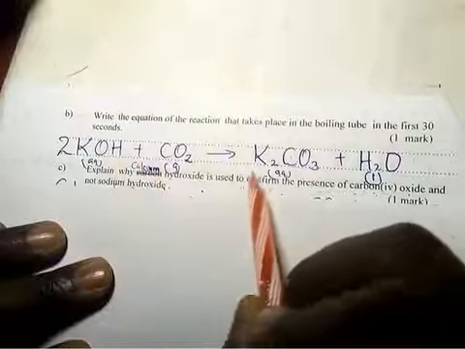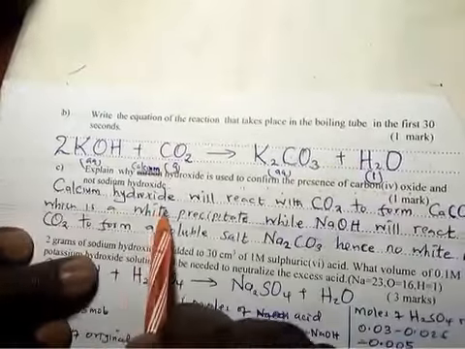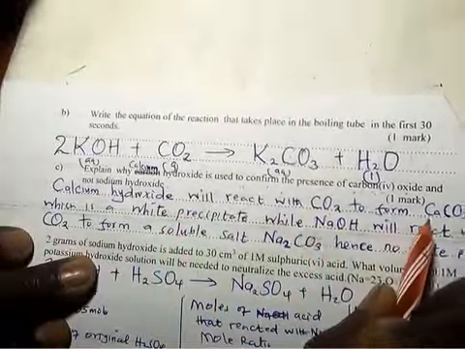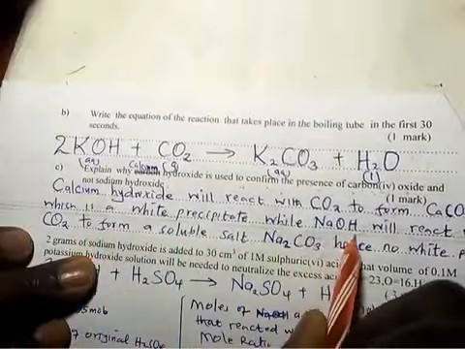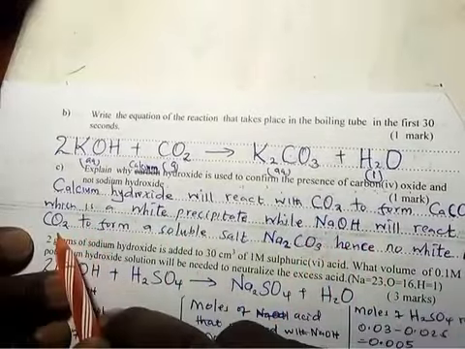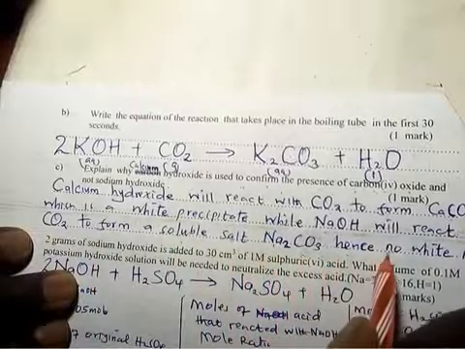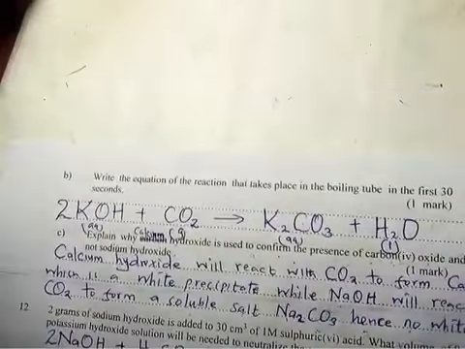So that one will not form a white precipitate. Calcium hydroxide will react with carbon 4 oxide to form calcium carbonate, which is a white precipitate, while sodium hydroxide will react with CO2 to form a soluble salt, sodium carbonate, hence no white precipitate.